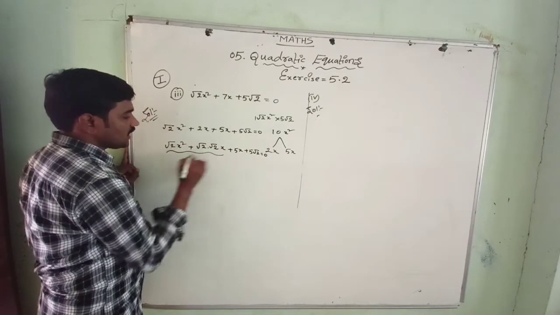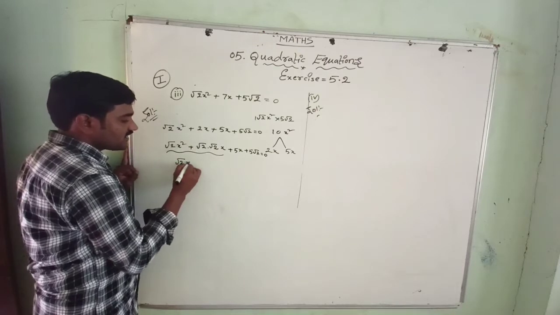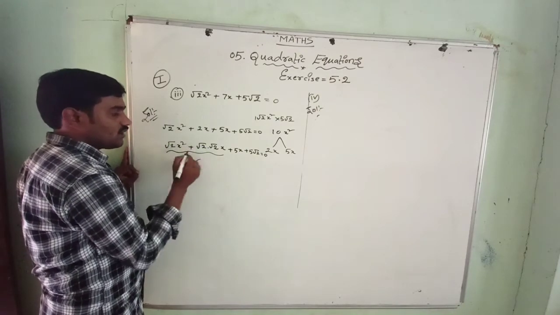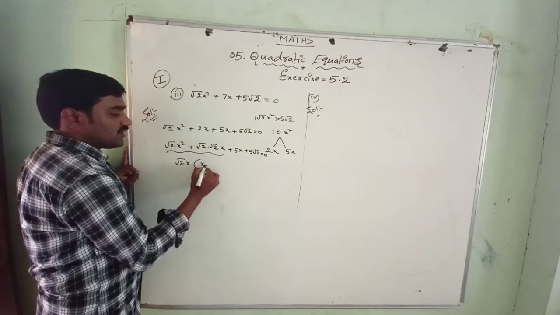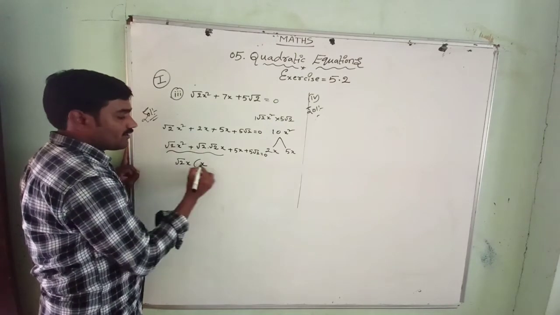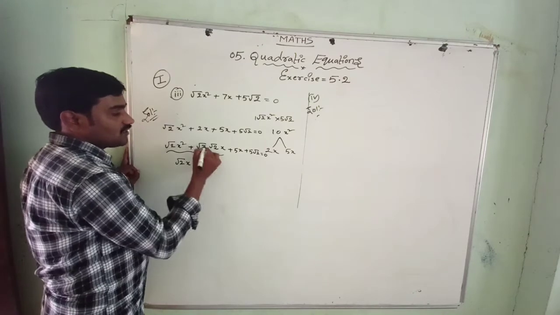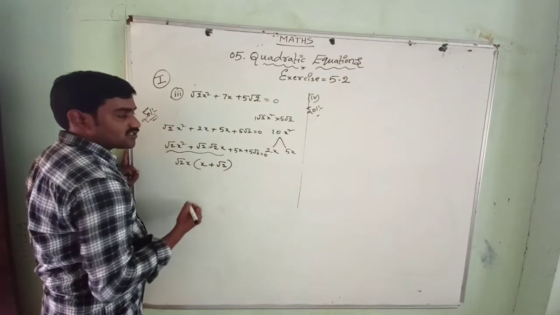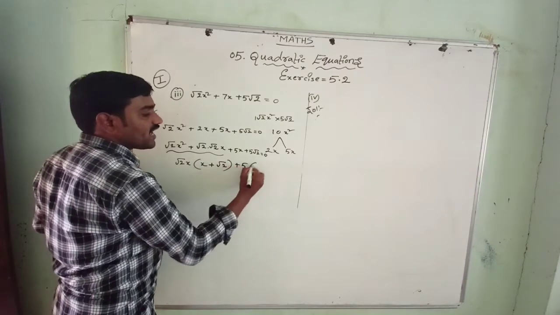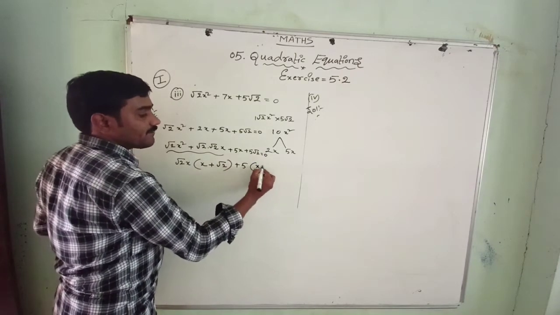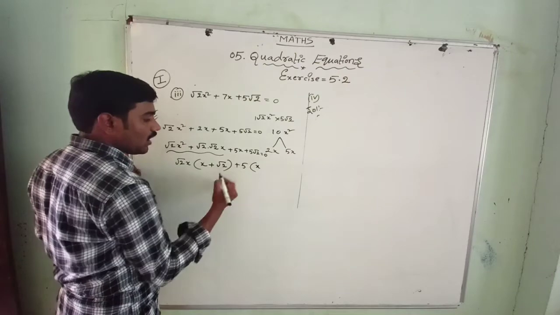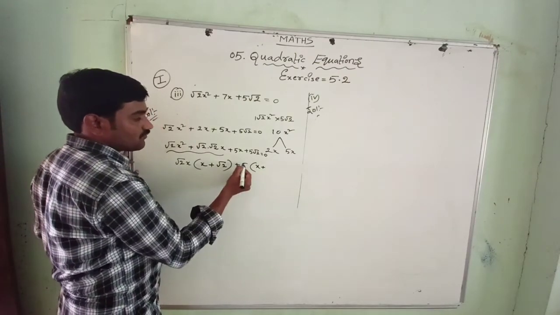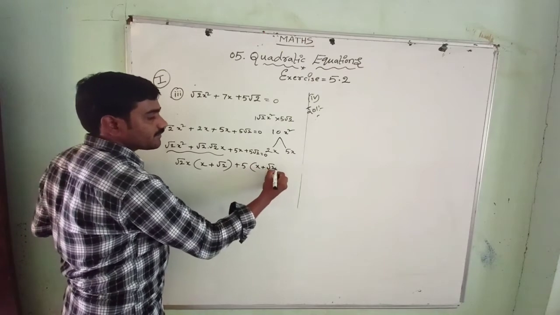Now from these two terms, √2x we can take out as common. Out of x², one x we took out, one more x is left, plus √2 is left since √2 already came out. Now easily you can take out 5 as a common factor here: 5 came out, so x + √2 will be left.